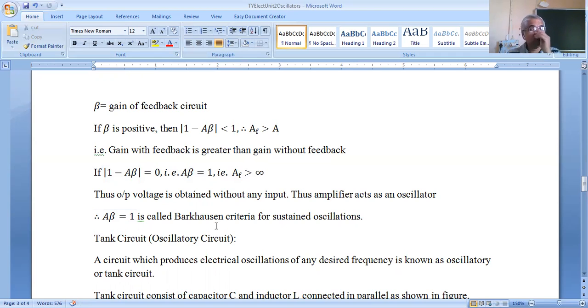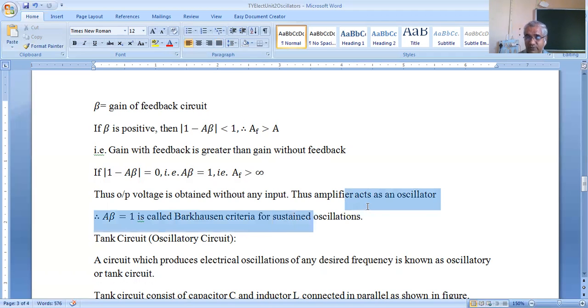If we want to produce oscillations, this condition must be satisfied. When A beta is equal to 1 is satisfied, the amplifier will act as an oscillator. It will produce the output voltage without any input voltage because the gain with feedback is infinite. A beta equal to 1 is the Barkhausen criterion for sustained oscillations. Sustained oscillation means oscillations of constant amplitude.